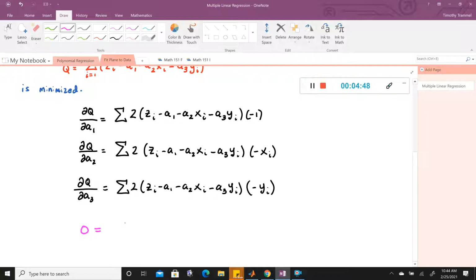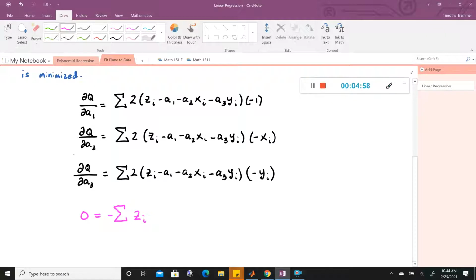So we'll have our first sum here, which is going to be of minus z sub i. And then when I get to the next term, we're going to have plus, because we're distributing a negative. Plus the sum of A1, and I'm going to write the A1 out front.